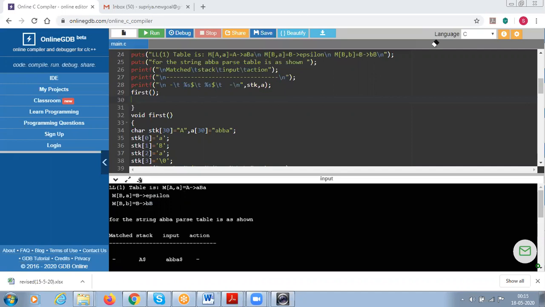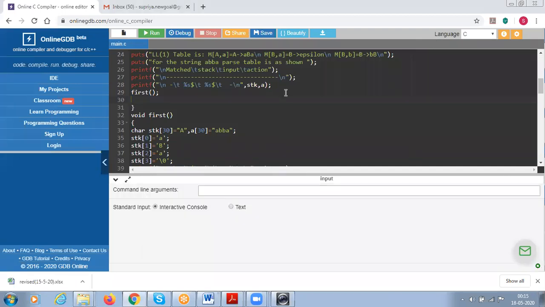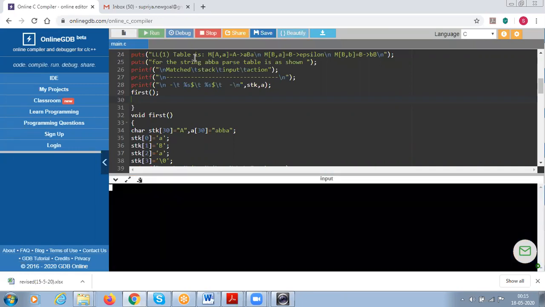So we should look into the output here. When you look into the output, the parse table has four columns: matched, stack, input, and action.